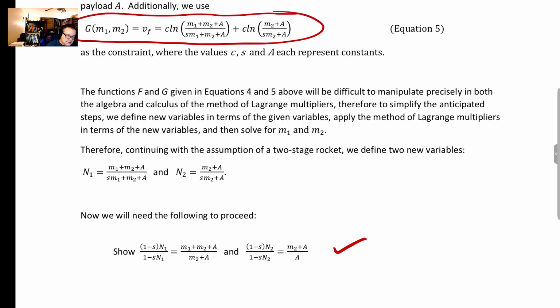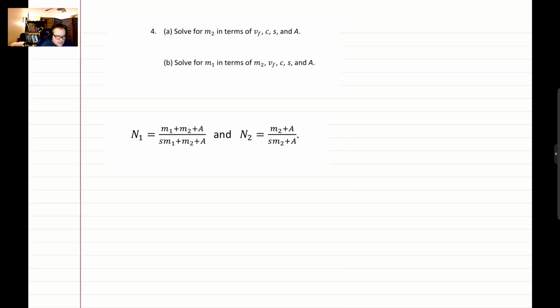We're going to use these to solve for m1 and m2 in terms of n1 and n2. The way to do this is kind of backwards. You solve for m2 first, and then once you have m2 in terms of n2, you can solve for m1 in terms of m2 and n2. So, solving for m2.